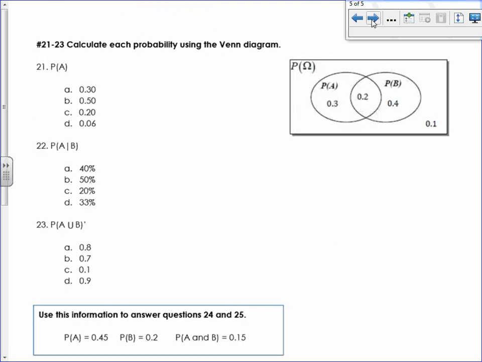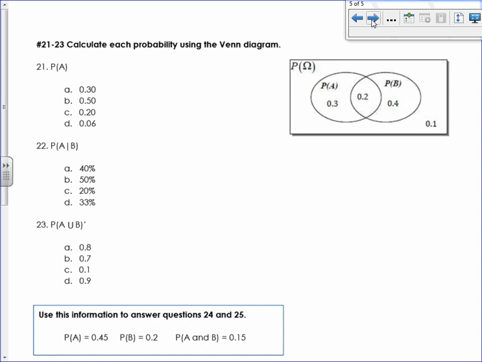All right. Okay, number 21. Calculate each probability using the Venn diagram. Now, one thing I noticed when I was helping people out walking around, a lot of you, if you were looking at the probability of A, you were only focusing on that. Okay? Remember, A is this entire circle, so it's 0.3 and 0.2. B is this entire oval here, and that 0.2 also applies to B. So it's being used twice.